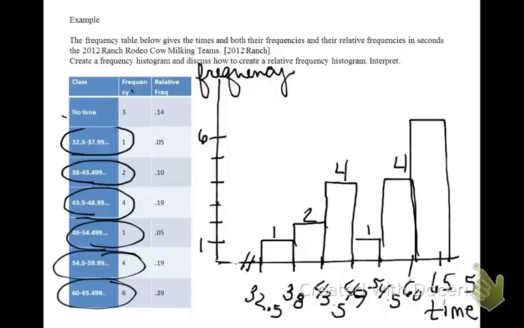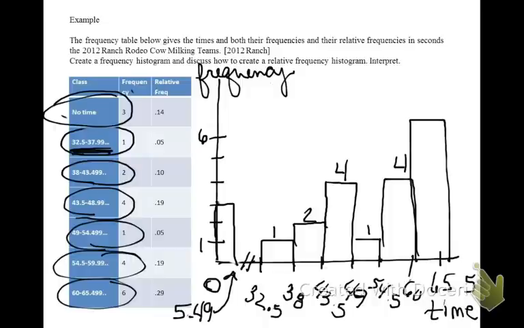Now we have one more category to graph, which I purposely left off, the no time category with a frequency of 3. No time means you scored a 0, but we're going to have some kind of upper bound here for this frequency. And to figure out the upper bound, what you want to do is figure out how much you are adding to each category. So if you come in here, 37.99 minus 32.5, that will give back 5.49.